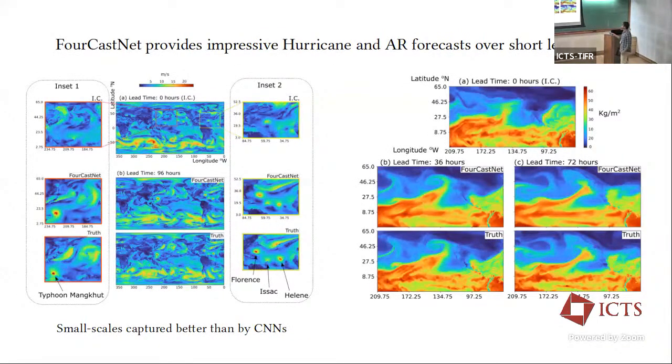Okay, so here we have 2 case studies: 2 tests, one for tropical cyclones and one for atmospheric rivers. So the first test on the left, this figure shows that the model, FourCastNet, was initialized with this initial condition. And then it was used to generate forecasts with large lead times, 4 days, 5 days, 10 days.